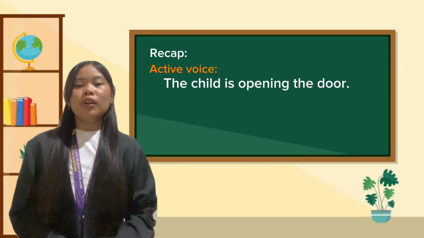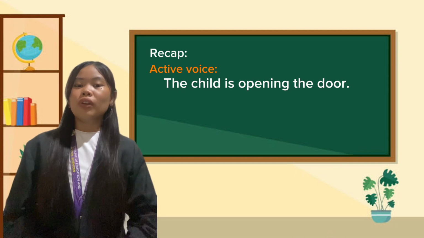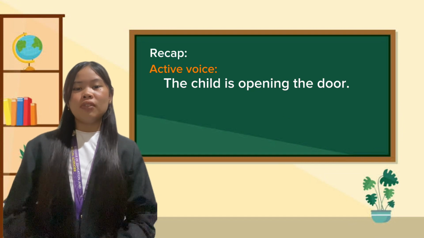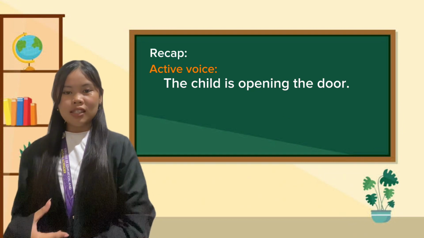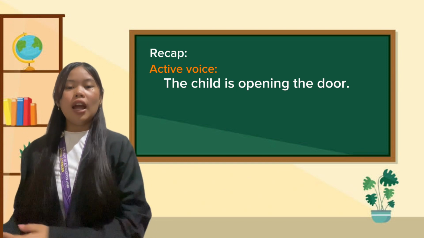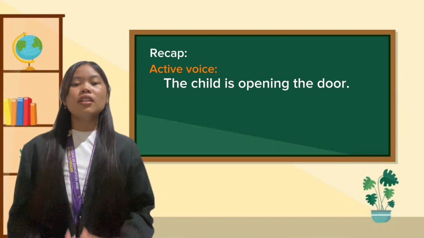Now, when we are going to switch over to passive voice, we learned from before that our doer and our receiver swap places. So like our sentence here, our doer and our receiver are now in two different spots.